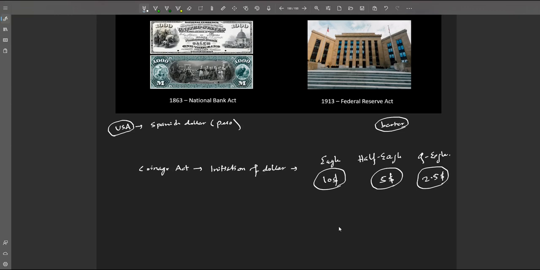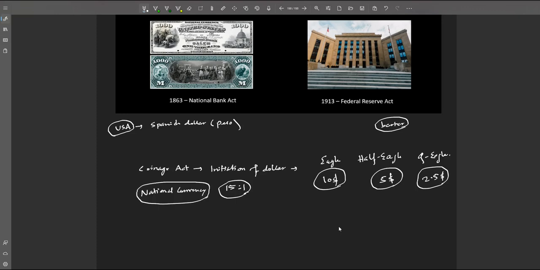And also, silver was designated at a price of 15:1 ratio with respect to gold. That is, silver was 15 times cheaper than gold. This was the basic principle of Coinage Act. Through this, USA got its national currency.